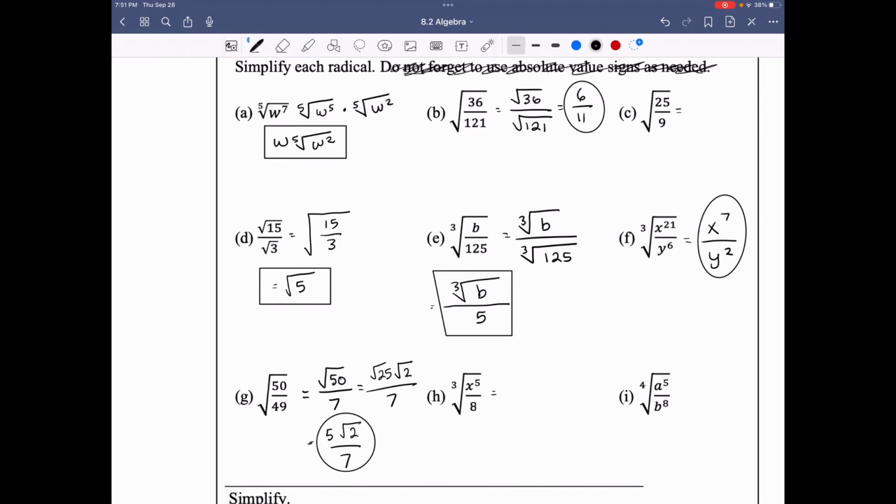So we have the cube root of x to the 5th and the cube root of 8. In the cube root of x to the 5th, 3 can come out with leaving 2 inside. So that would be like this. X to the 3rd and the cube root of x to the 2nd.